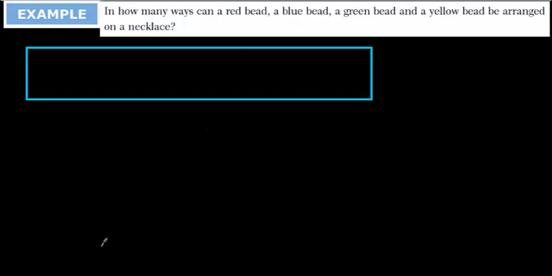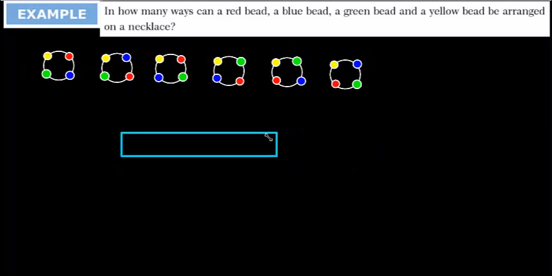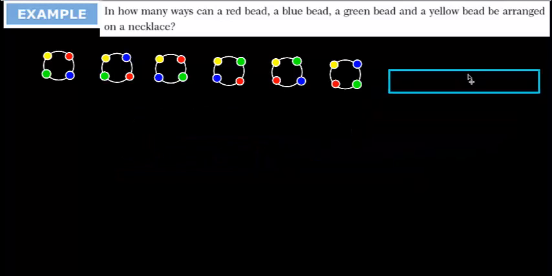Okay, in this question we have a red bead, blue bead, green bead, and yellow bead. Arrange the necklace. I already arranged the beads here before to show the explanation. For this kind of necklace, which can be seen from both sides, we are using the circular permutation n minus 1 factorial over 2 formula, because this kind of thing can be seen from both sides.